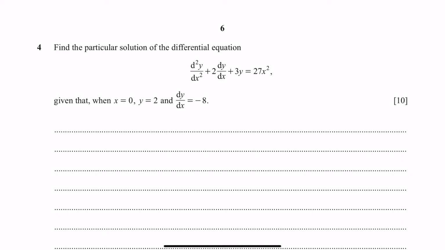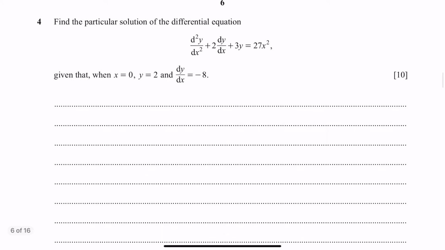Question 4 is about differential equation. So this is a second order differential equation, and we would split it into a few steps. First step, we write this part into m squared plus 2m plus 3 equals 0.